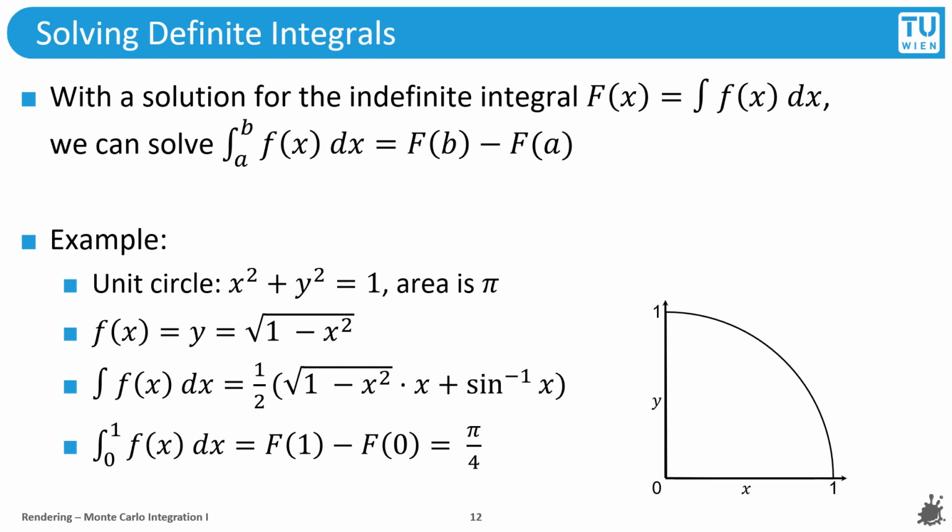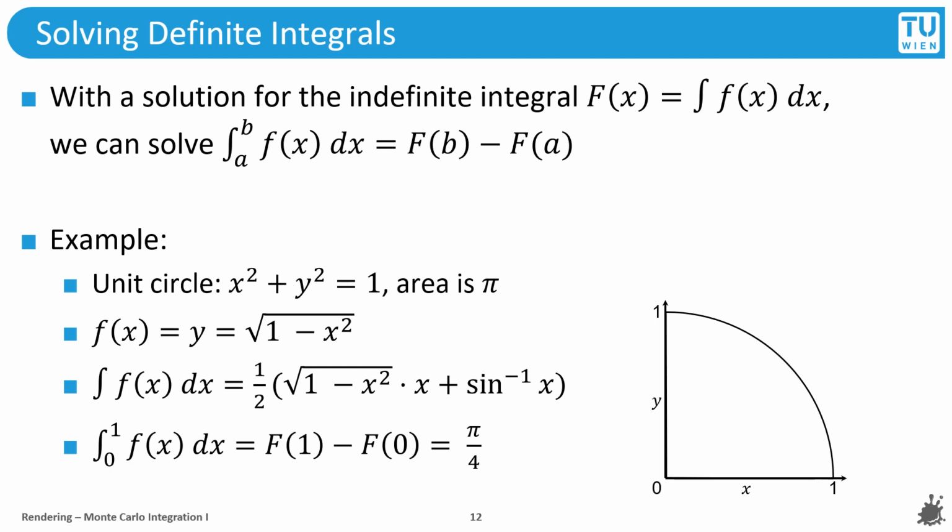Below we see an example of this in practice, and also a way to visualize the concept of area under the curve. We have the function of the unit circle, which is x squared plus y squared equals 1. We know that the area of the unit circle is exactly pi. So we can first solve for y, which is the square root of 1 minus x squared.